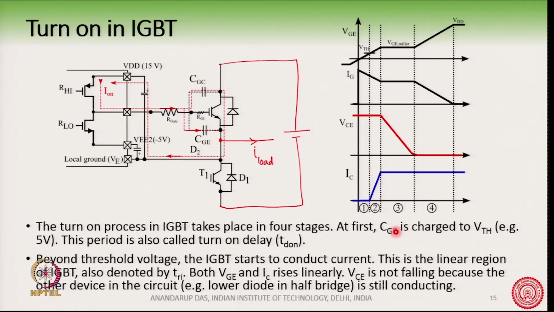This is stage 2. So, IC is rising linearly here, and VGE is also rising linearly. Actually, VGE rises in an RC time constant, but this time duration is very small.